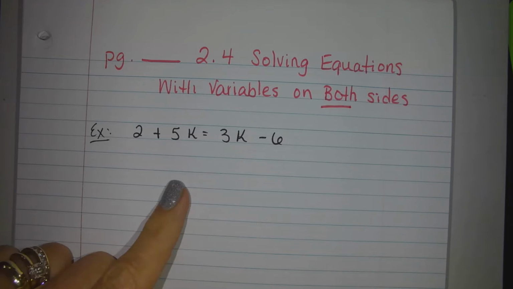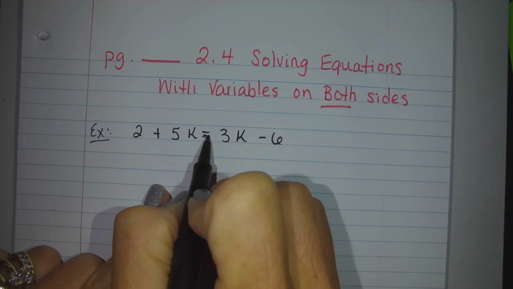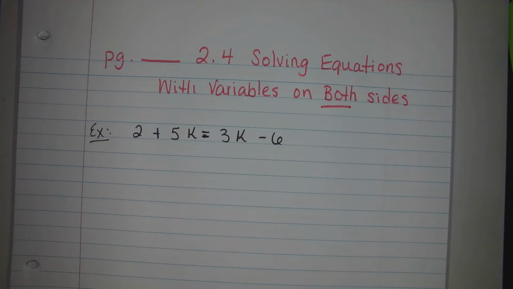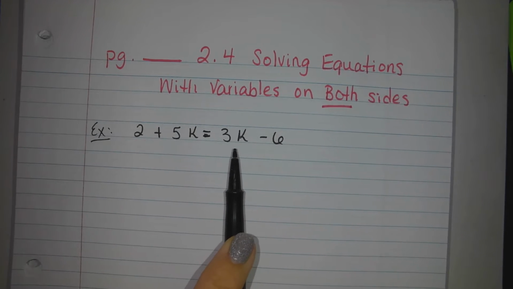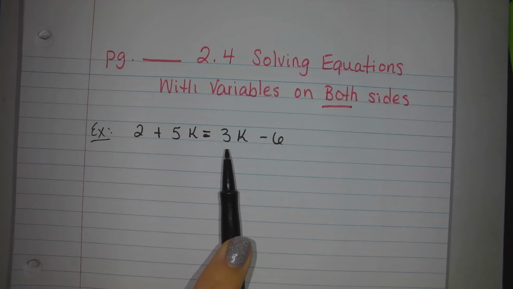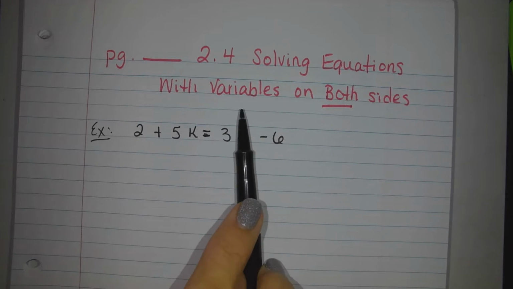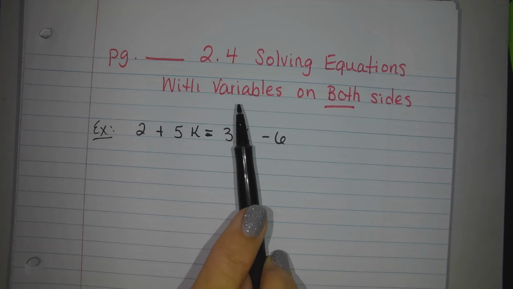All right, so here's my equal sign here. As you write the problem down, I want you to notice we have a variable here and a variable on the other side. Does everybody notice that? That is exactly what this section is about. Variables on both sides. Guys, all we're doing is adding another step or 2.